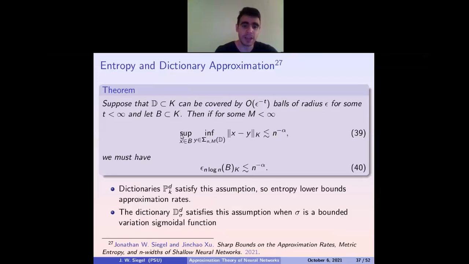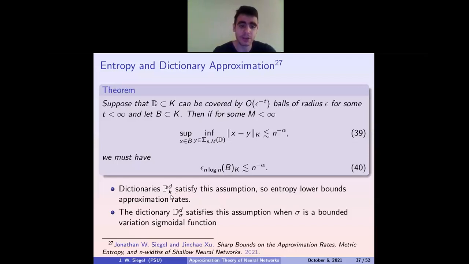Then if I can obtain an approximation rate on this class of functions using nonlinear dictionary expansions with bounded coefficients of n to the minus alpha, then the entropy of my set has to decay like n to the minus alpha, up to logarithmic factors. So for the class B, if I attain this rate n to the minus alpha, then my entropy must also decay at that same rate, up to logarithmic factors.